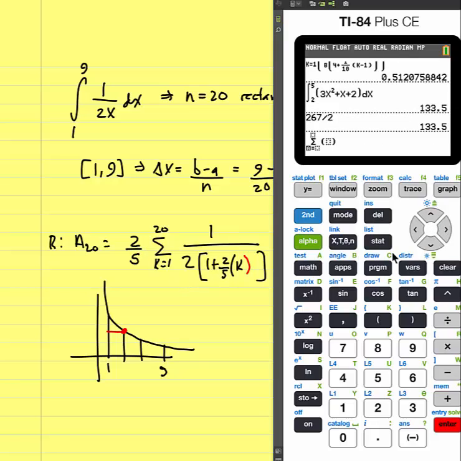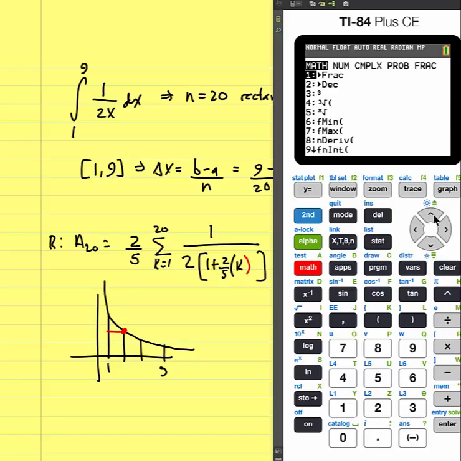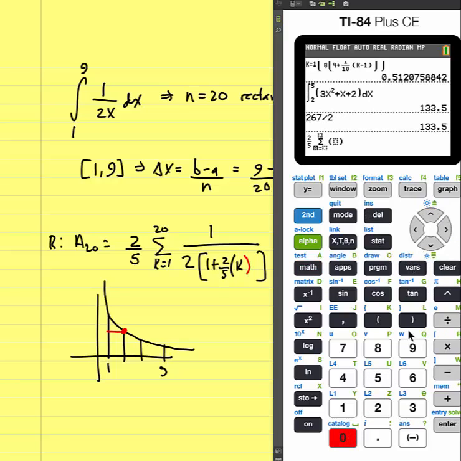So I'm going to have a 2/5 out front. Let me clear that out and put in my 2/5 first. Okay, now I'll put in my summation. So that's number 0, or option 0 on mine. So you can use a k or an n, it doesn't matter.